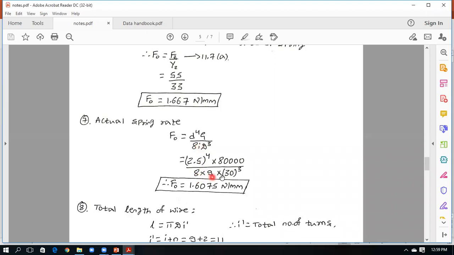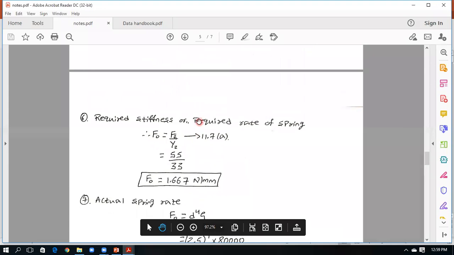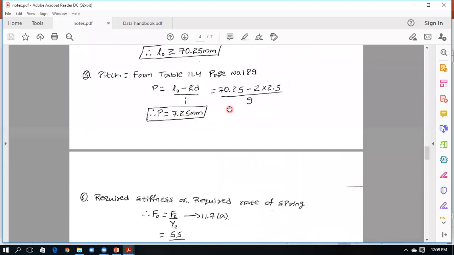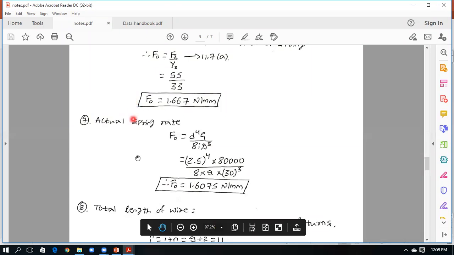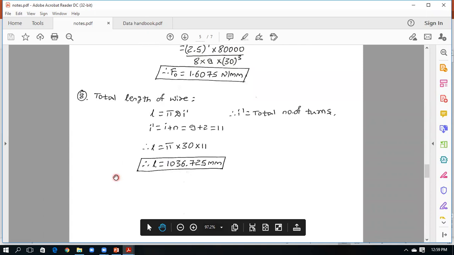Why? Because I actually we obtained as 8.68. We have rounded it off to 9. Because we have taken I value 9, the actual value will vary. Therefore, F naught is equal to 1.607. Here it is 1.667.